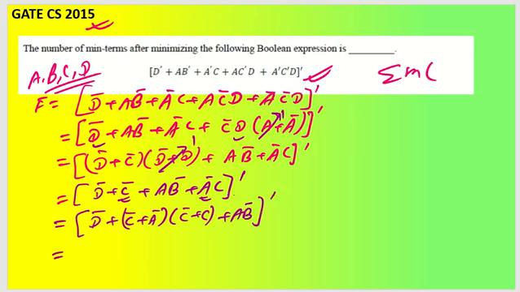From here, C plus C bar is again going to be 1.